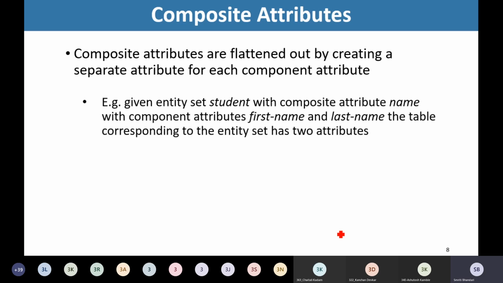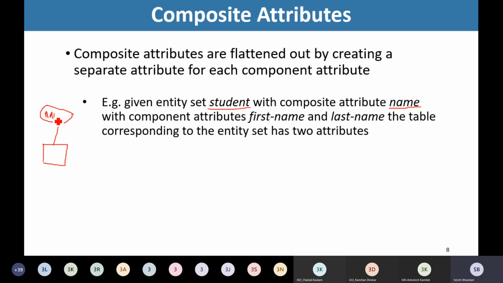Let us assume that we are having entity set that is student. Okay, and let us assume that entity set student is having the composite attribute that is name. So I am having entity set which is student, and I am having composite attribute that is name.